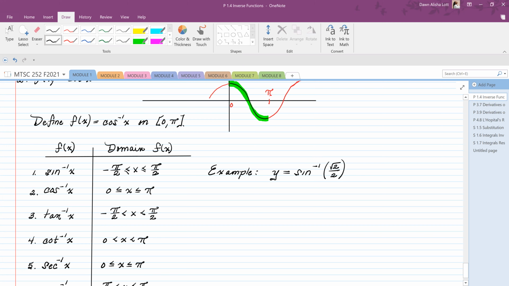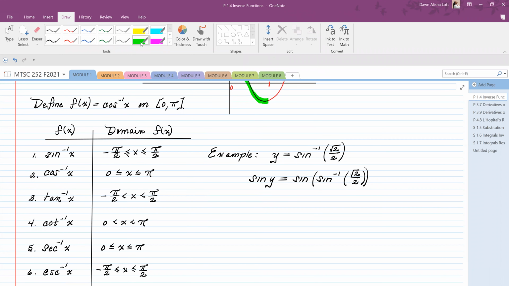If I take the sine of both sides, I get the sine of y is the sine of the sine inverse of the square root of 2 over 2. But remember, the function and its inverse, the sine of its inverse, just gives you the number. So that says the sine of y is equal to the square root of 2 over 2.